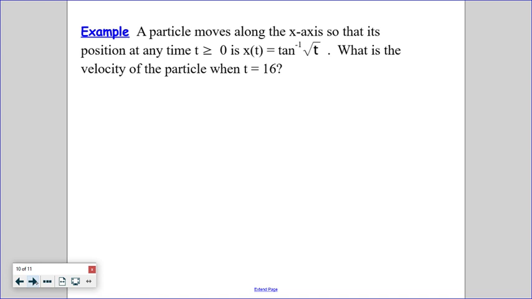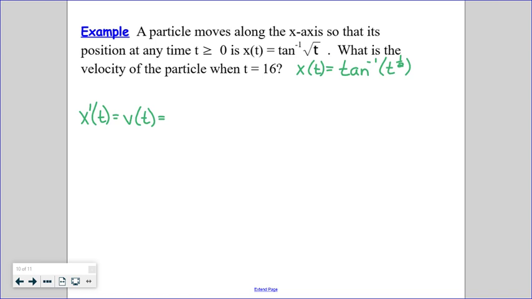And this is, again, just using our inverse trig derivatives that we just wrote down in our notes today. One thing I might want to do is help my algebra brain out here and rewrite that as t raised to the 1/2, because we're going to have to take the derivative of the inside of that function as well. So the derivative of our position function is equal to our velocity function.